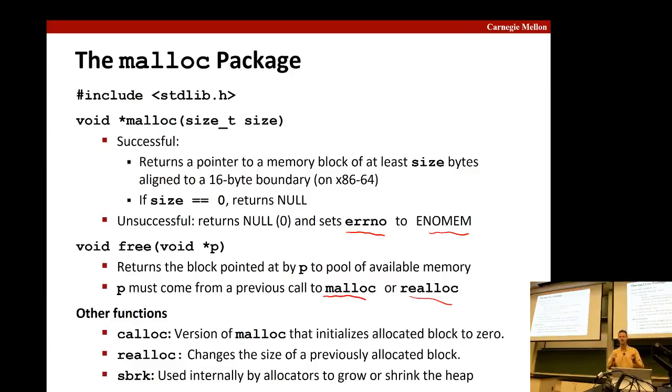Also, the argument has to be expressed in bytes. You have to give it the product of the size of the thing and the number of things. There's also this sbrk function that moves that pointer I told you about, the BRK pointer, and it's used internally.